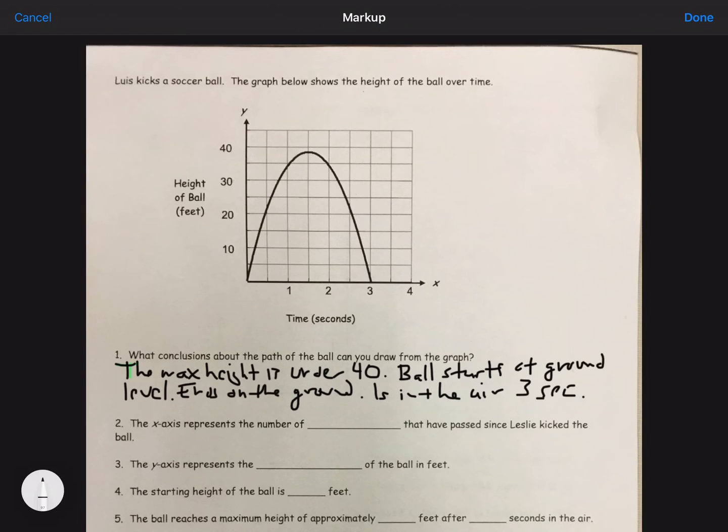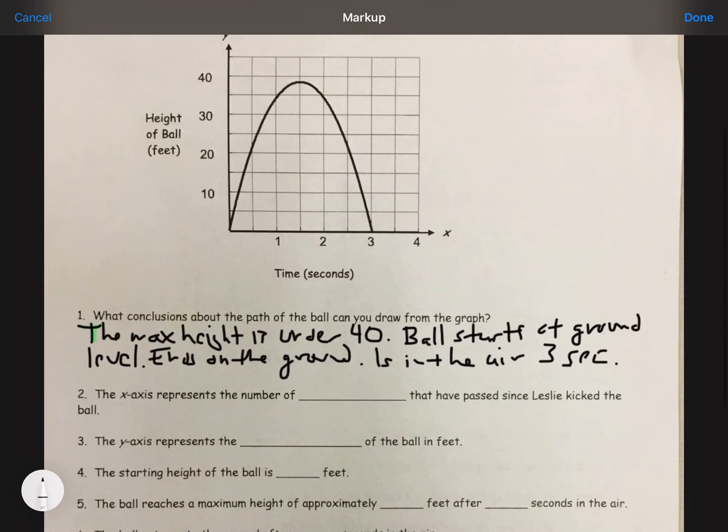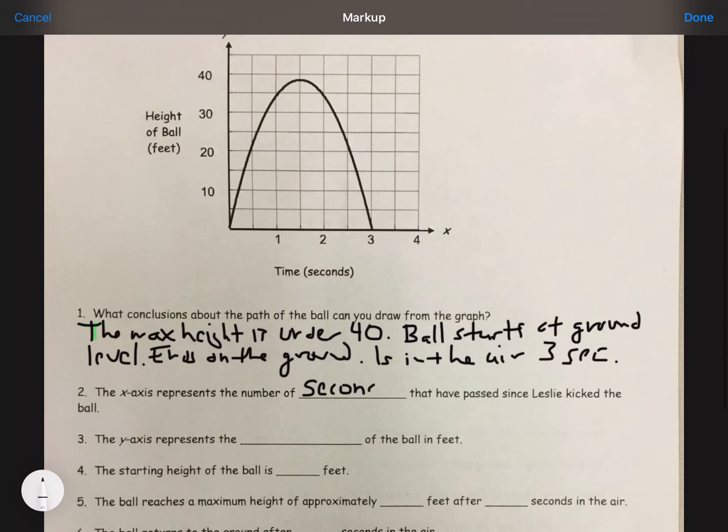Okay. So the x-axis represents the number of what that have passed since Luis kicked the ball? Seconds, number of seconds. The y-axis represents the what of the ball?